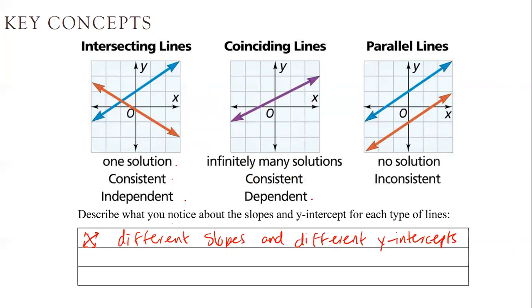It's a consistent system and a dependent system. So what does that mean when you have coinciding? That's one line. They have the same slopes and the same y-intercept.